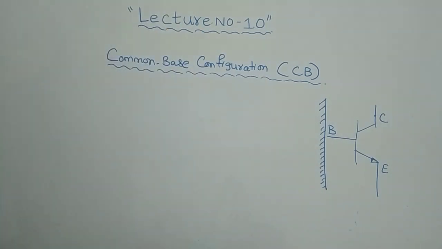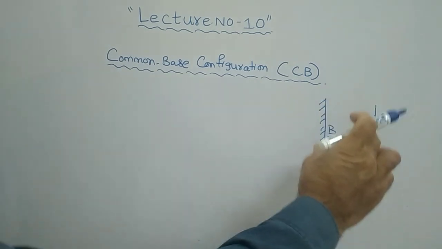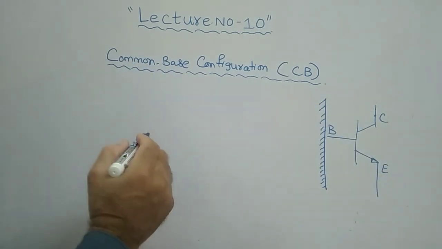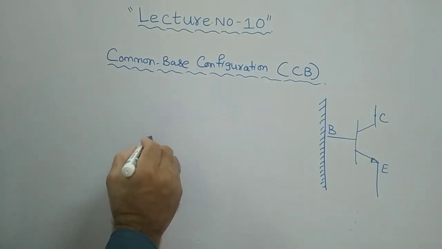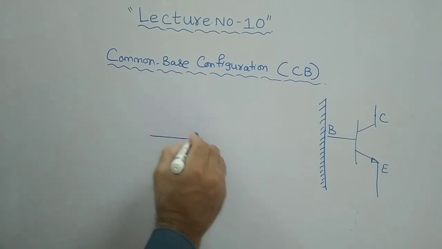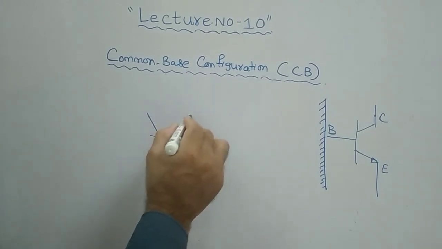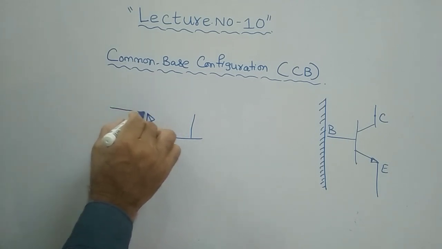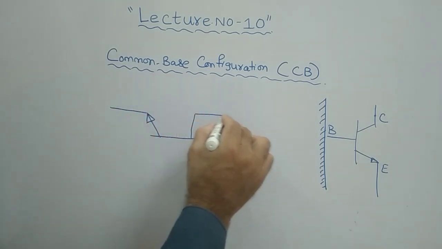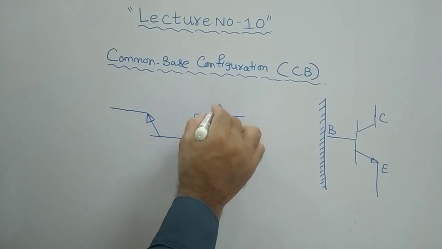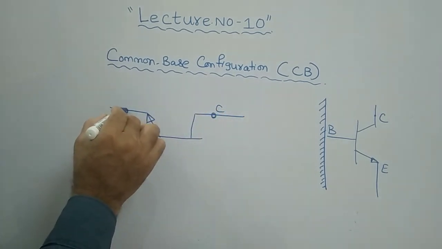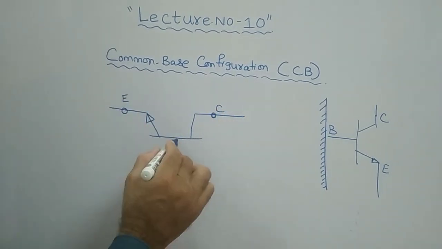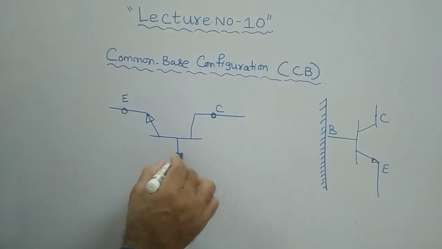normally ground potential. So this can be represented like this. This is your NPN transistor normally. This is your collector terminal, this is your emitter terminal, and this is your base terminal.